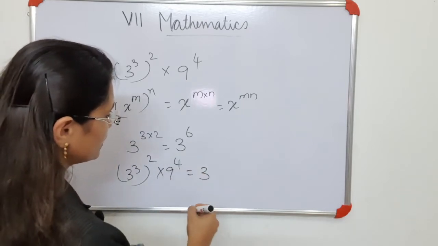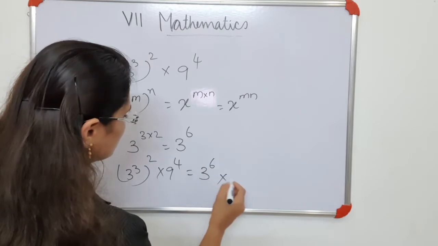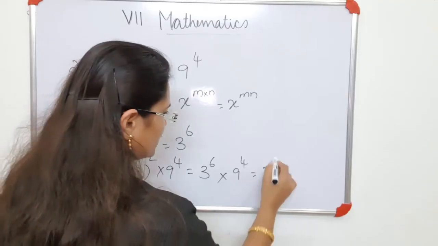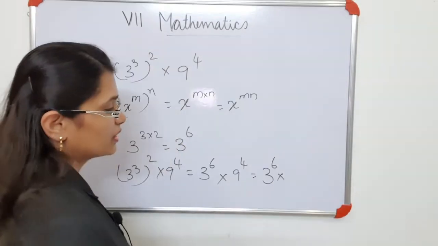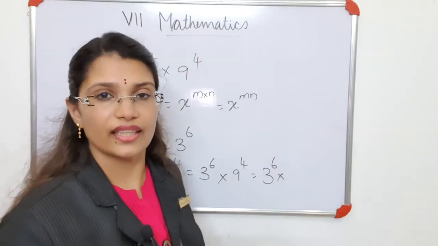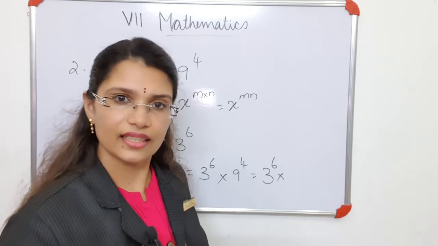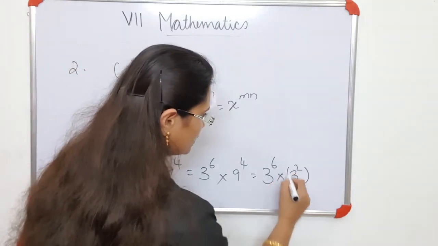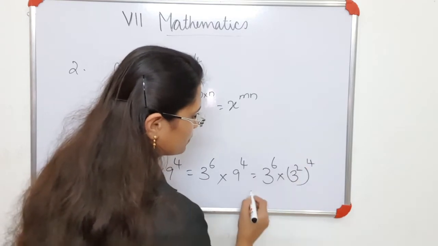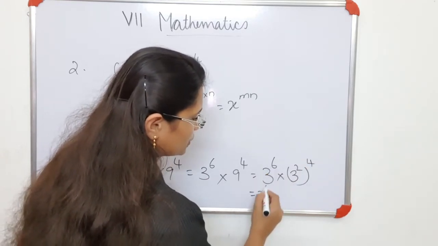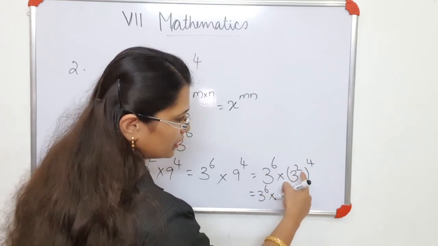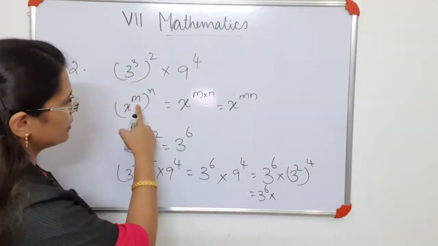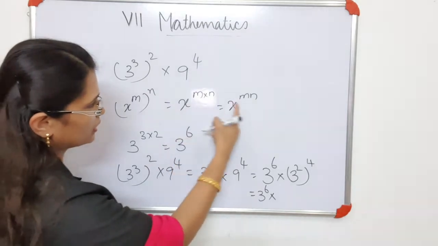So, how can we write that? 3 raised to 6 into 9 raised to 4. How can we write 9? 3 square, right? 3 square is equal to 9. So 3 raised to 6 into (3 raised to 2) whole raised to 4. (x raised to m) whole raised to n is equal to x raised to mn.